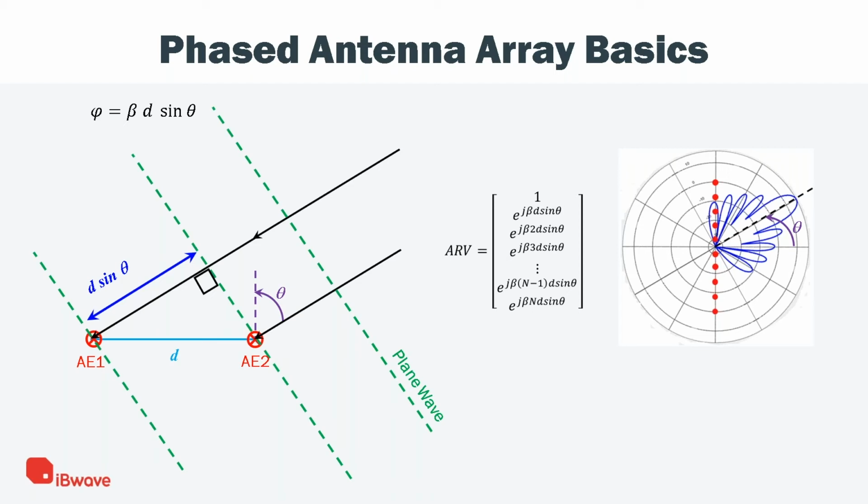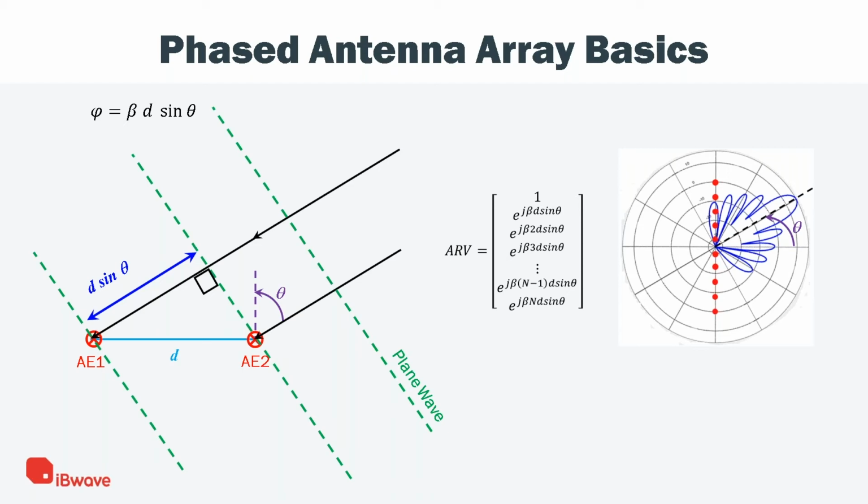This difference in distance can be easily calculated using trigonometry equations, and it can be found that this difference in distance is a function of the distance between the antenna elements and a function of the angle of arrival of this plane wave.